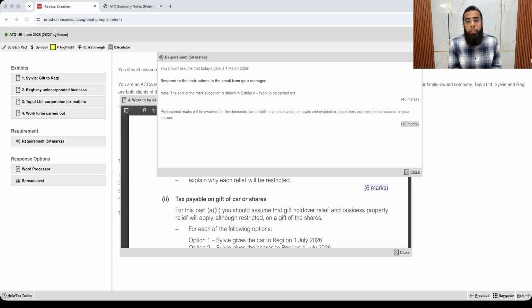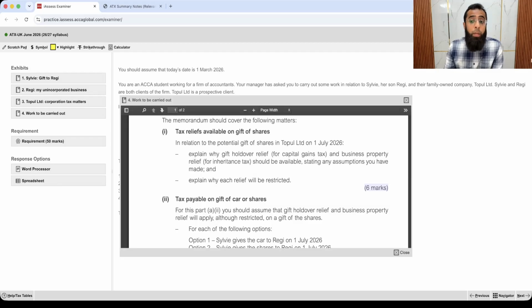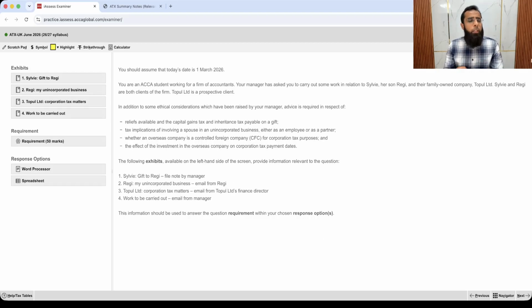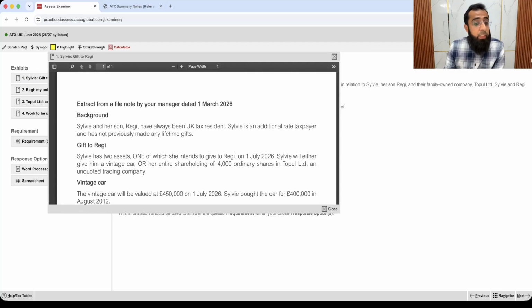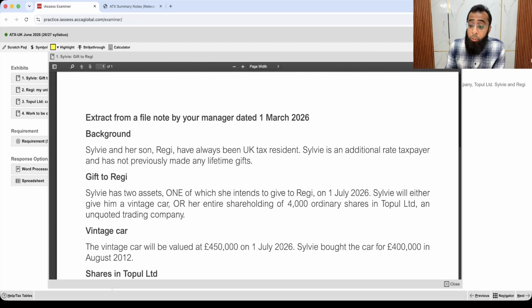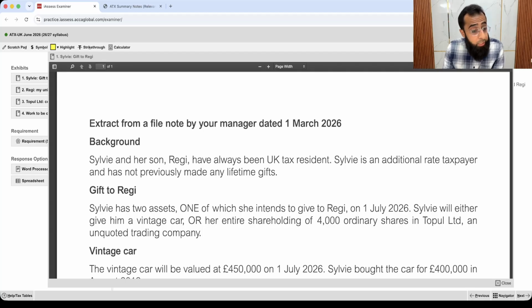Because in real life, okay, however technically strong you are, if you don't know professional communication, if you don't know commercial acumen, you will lose a client. So that's why the examiner is giving you 10 extra marks to demonstrate your professional skills while answering the question. That's normal and it always happens in question number 1. You will understand these professional skills and applying them as we do these past paper discussion sessions and as we move forward.